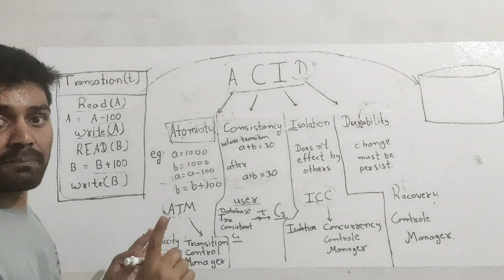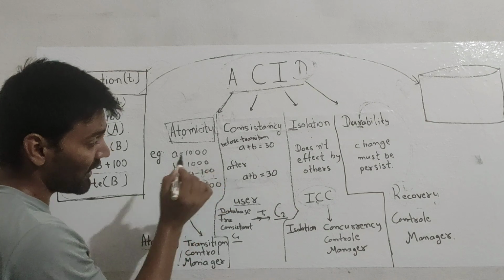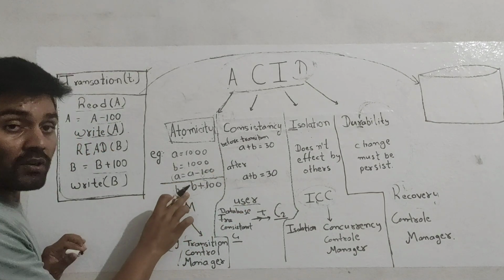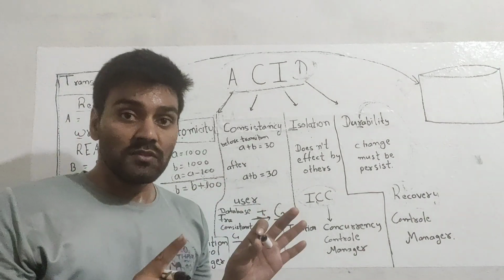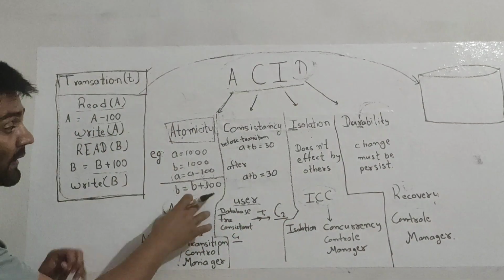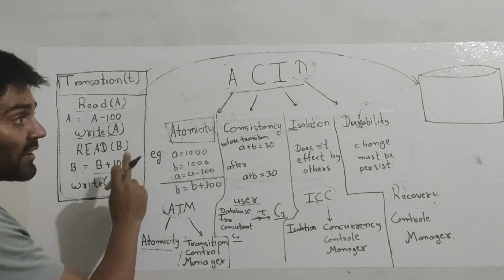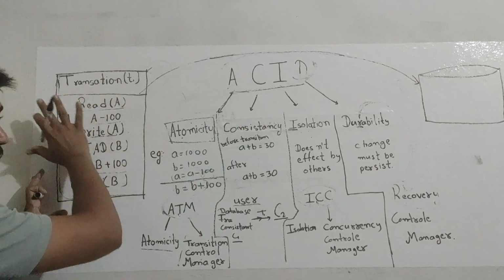It must not happen that 100 rupees are deducted from account A but not credited to account B. Then some serious problem with the money will occur. So here we can understand that a transaction is either completely performed or not performed at all.